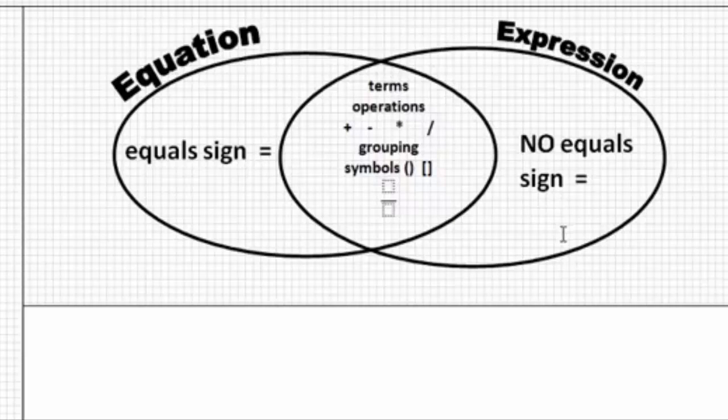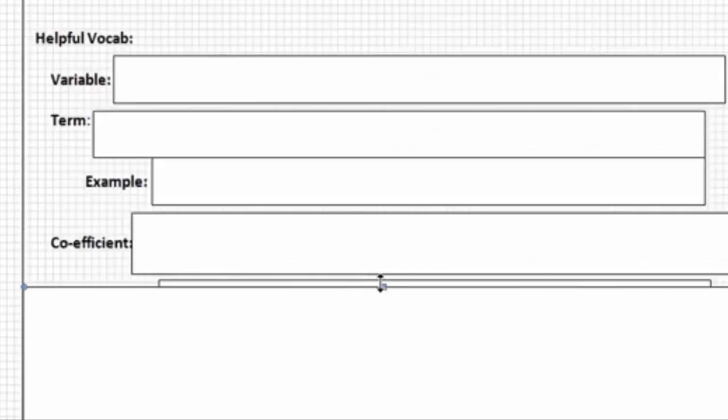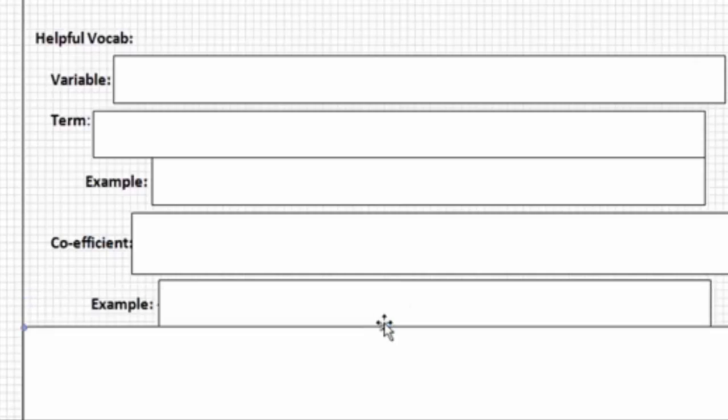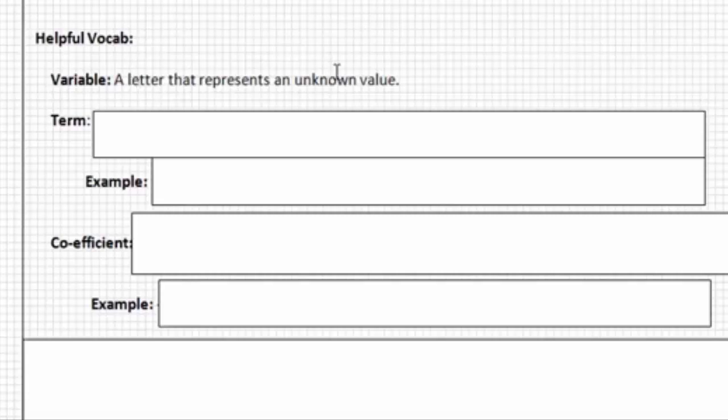So I've talked about terms, but there's a few vocabulary words then that are important to recognize about expressions and equations. So some helpful vocabulary is first variable. A variable is a letter that represents an unknown value. We use them all the time in algebra.